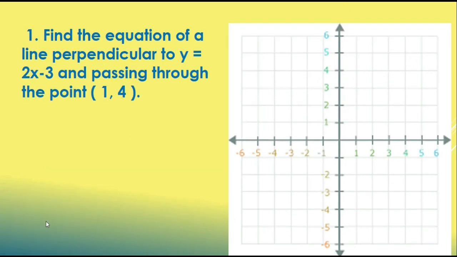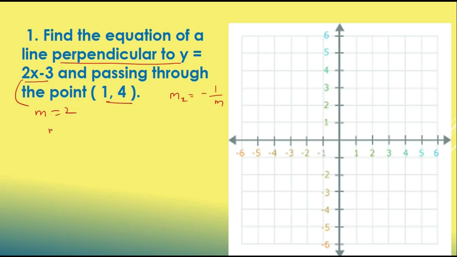Okay, the next question: find the equation of a line perpendicular to y is equal to 2x minus 3 and passing through the point. So a perpendicular line changes the slope. For the second slope, the slope will be minus 1 over m1. Here m1 is 2.